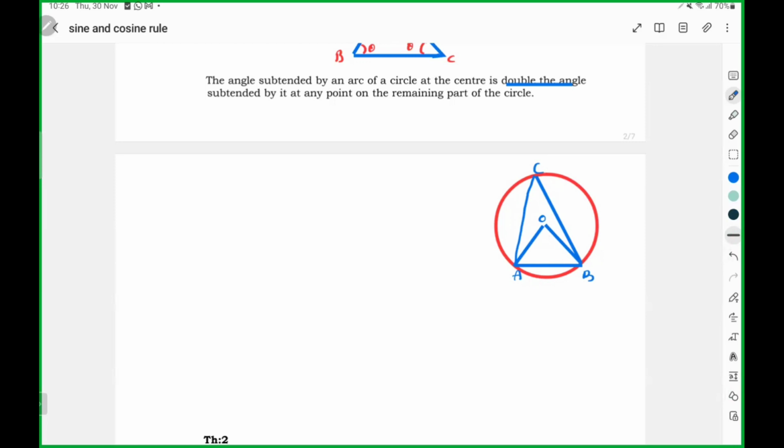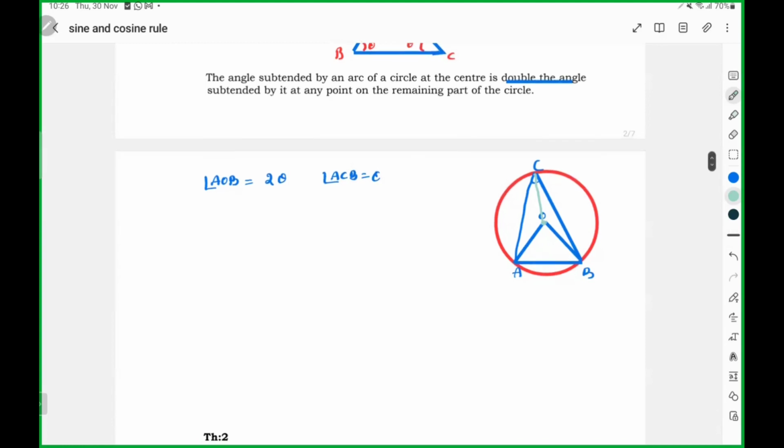Now, our intention is to prove that the angle made by the chord AB at the center is 2 times the angle made by the same chord on the circumference. Just draw a line through C which meets the circle at center O. Let us say this angle is alpha, this is beta.